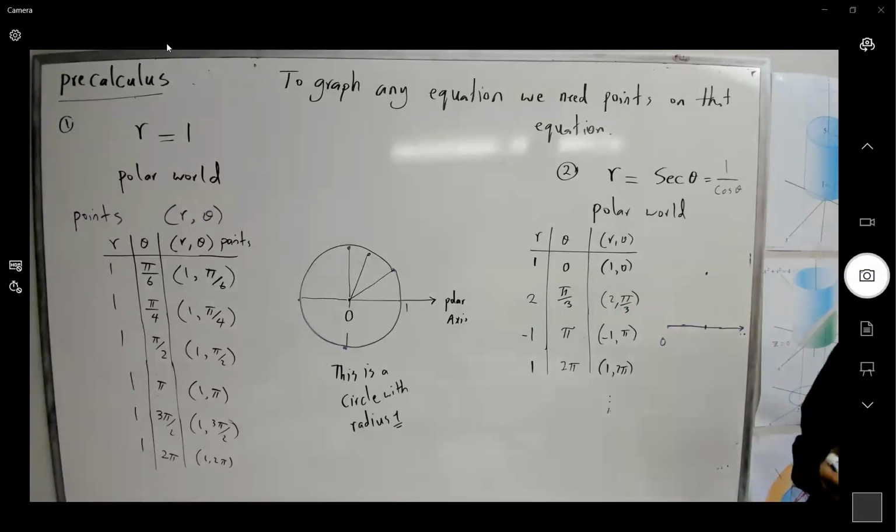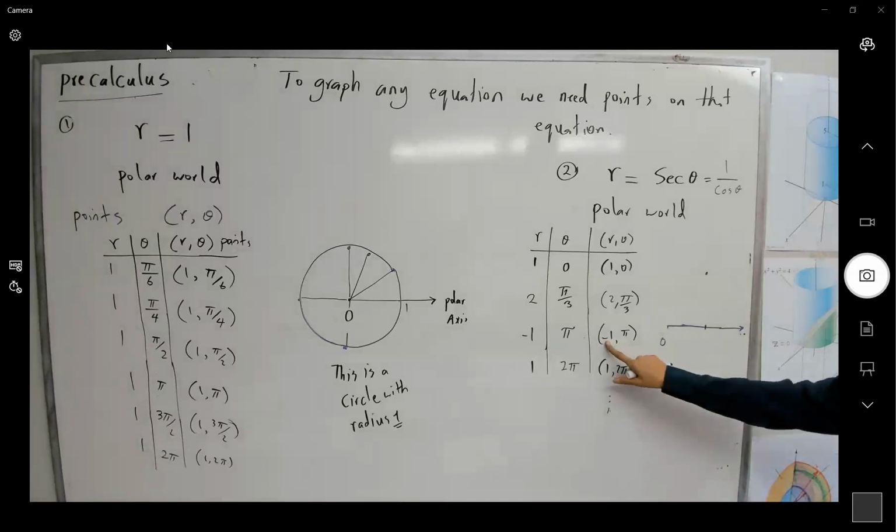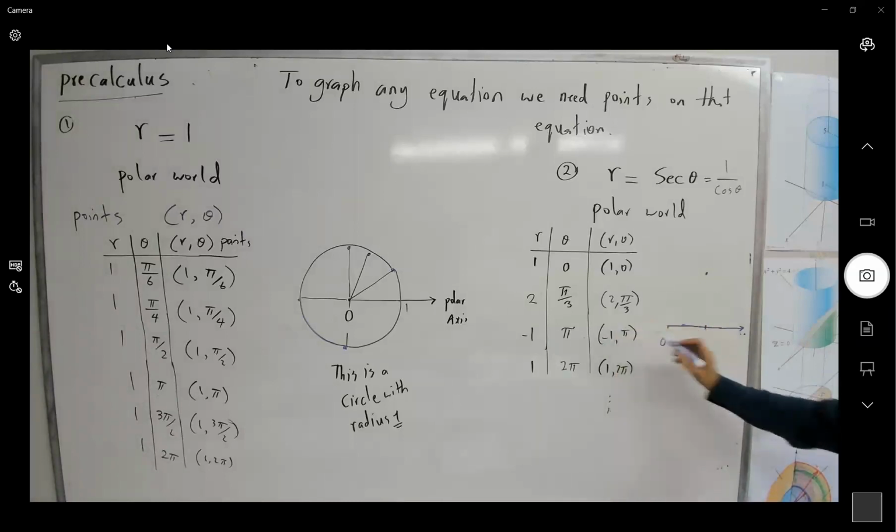So we need more points. Here you have -1 and pi. To graph -1 and pi, the directed distance is -1. So here you have 1 and pi, then you look at the opposite direction. Pi is over here, and the distance is 1.